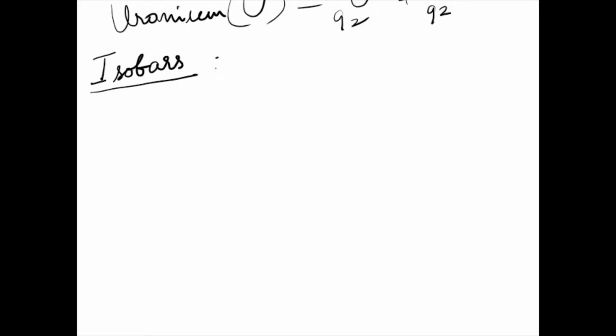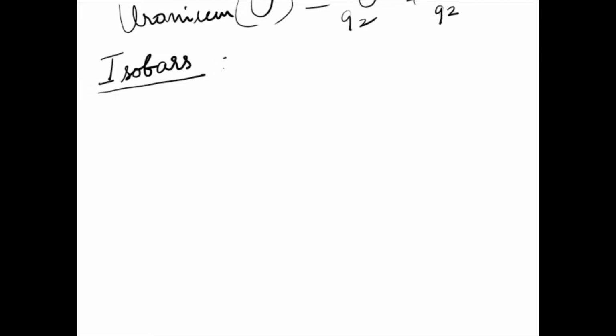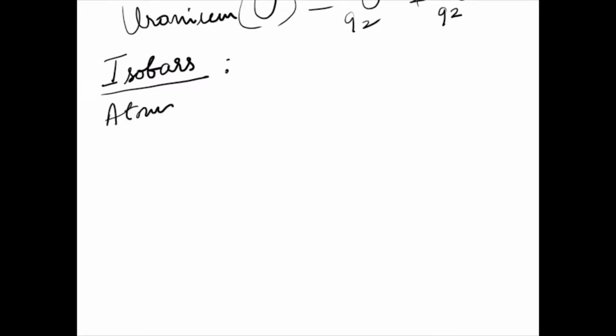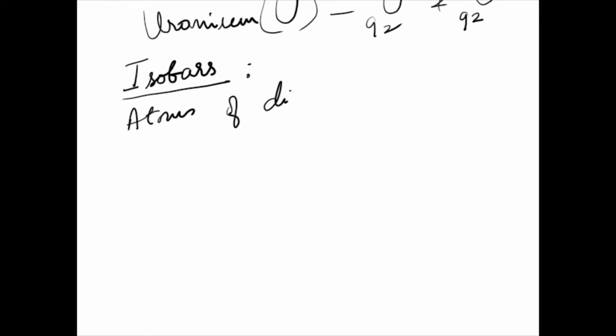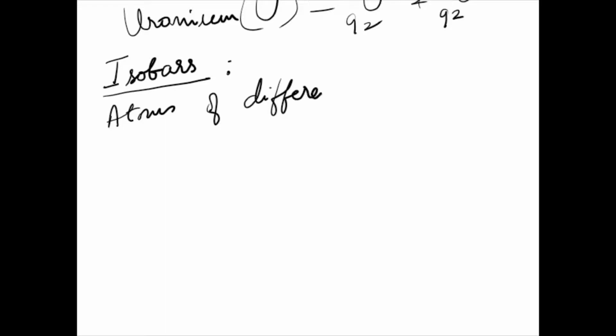Mind you, isotopes are atoms of the same element, whereas isobars are atoms of different elements which have the same mass number but different atomic number. Let me again explain to you.